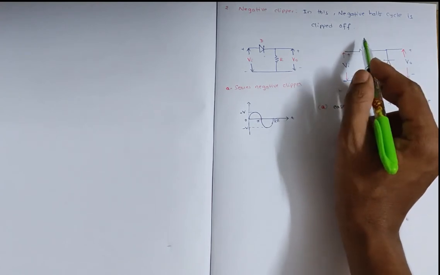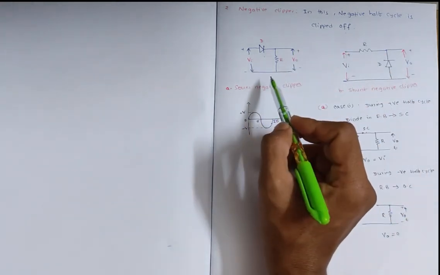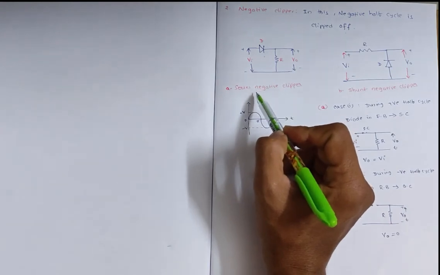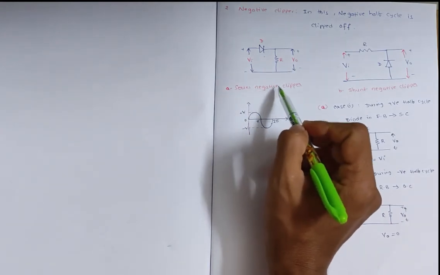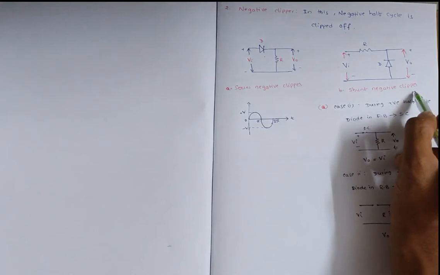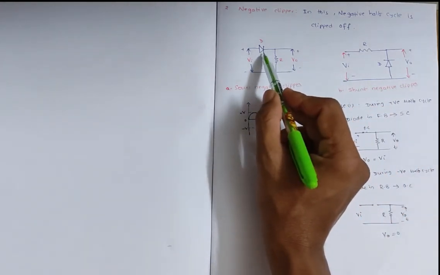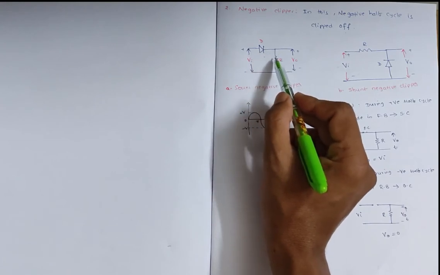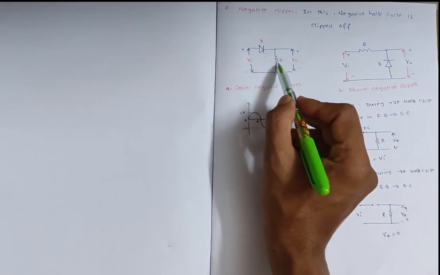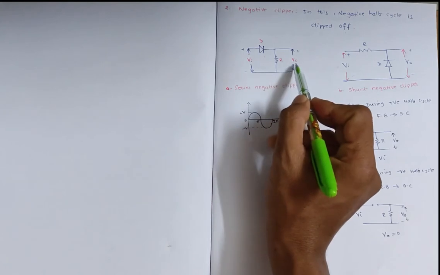So these negative clippers are series negative clippers and shunt negative clippers. Here the nonlinear element, diode, is connected with the resistor in series. We are taking the output across the resistor.